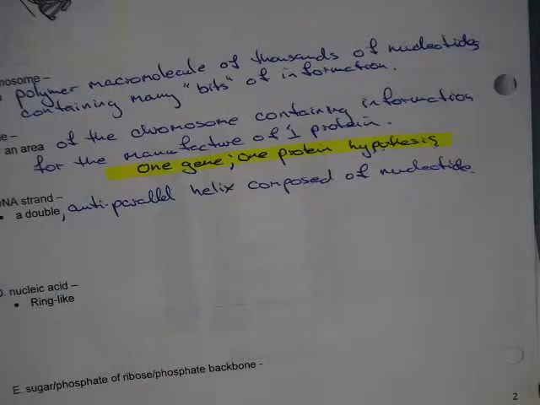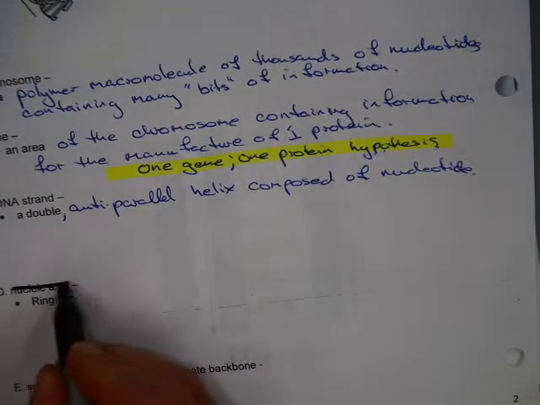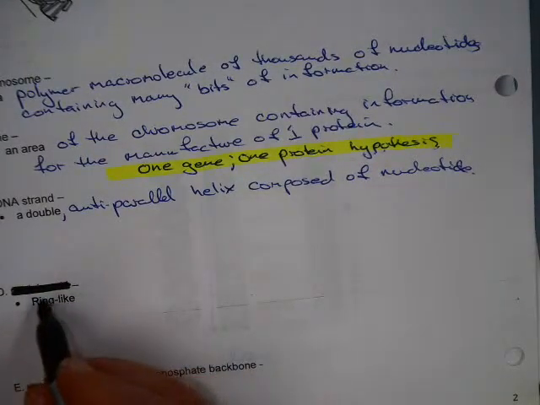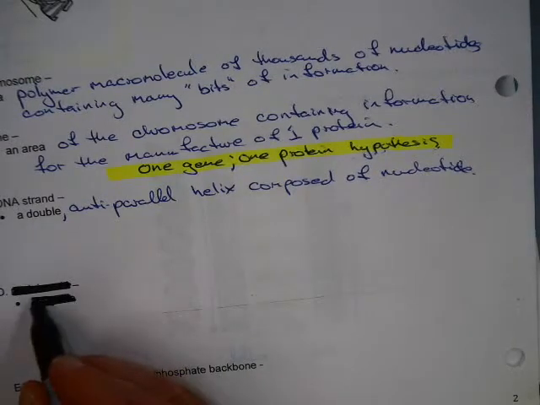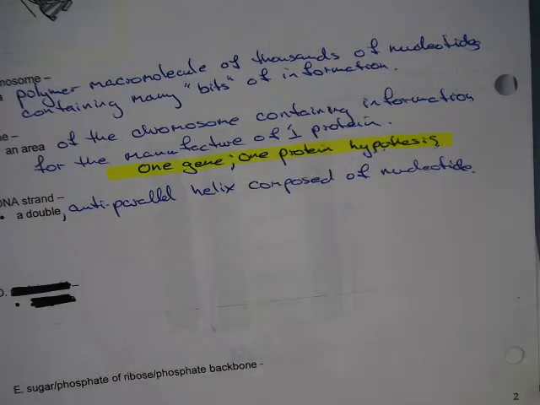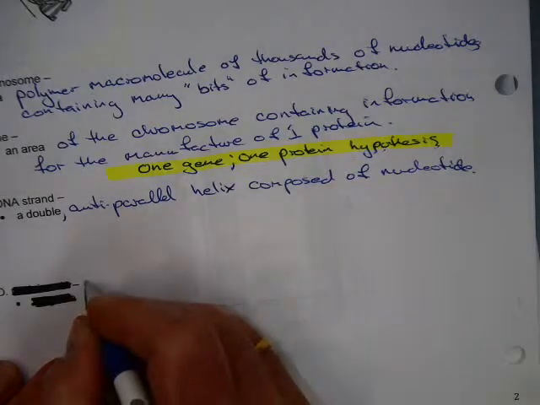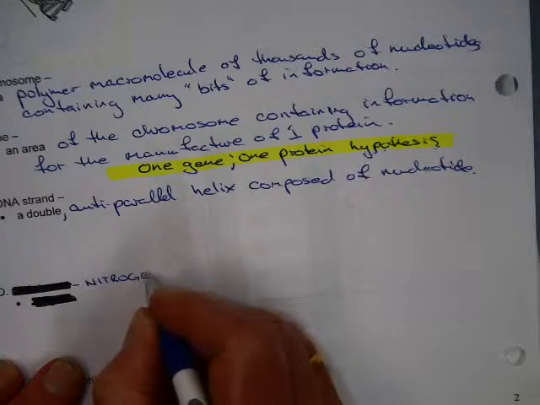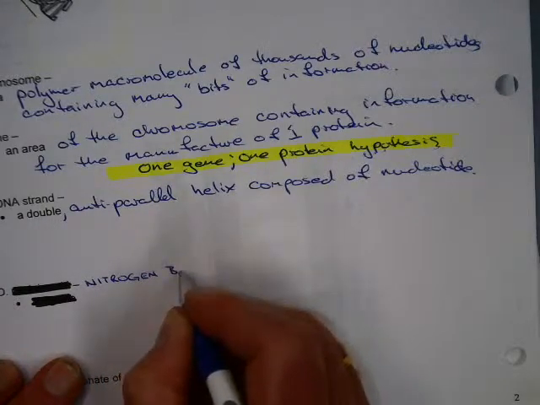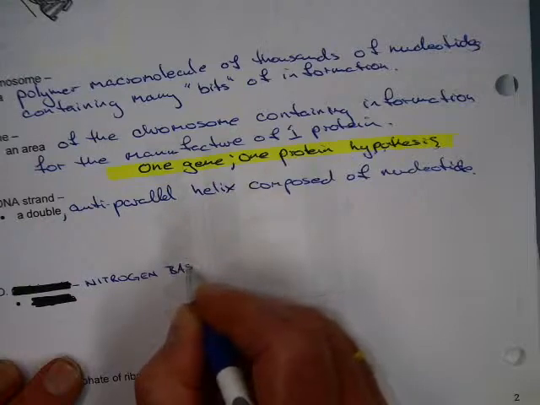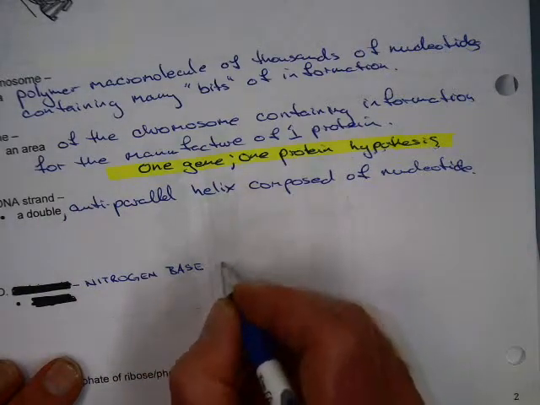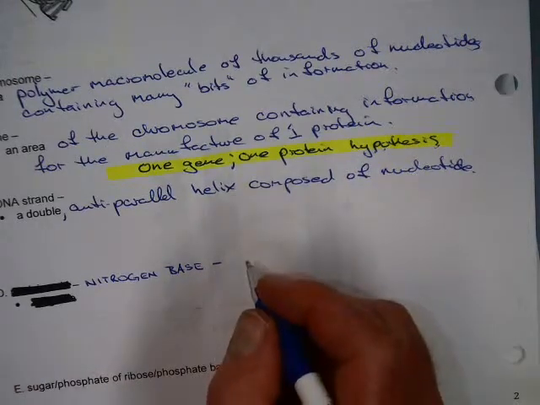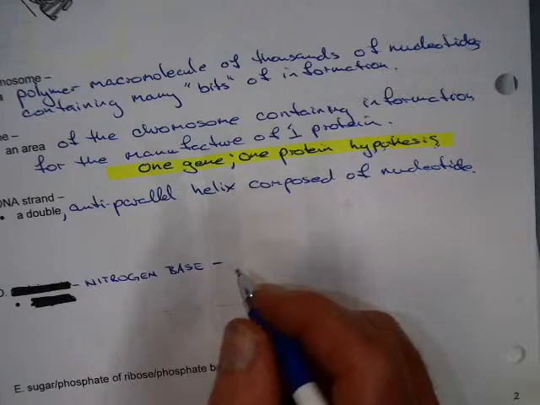So that's C. D is not a nucleic acid. DNA is a nucleic acid. D should be a nitrogen base. Okay? So it's just pointing to a nitrogen base.